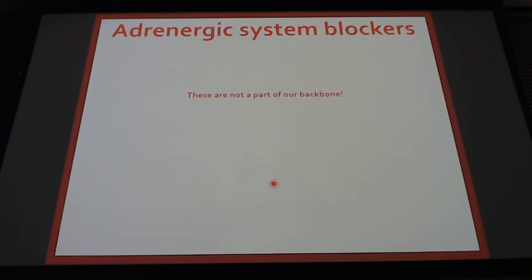They need to be on that backbone, and if you've maxed out their doses on that backbone, then you add these. Also, if there's a reason why they can't take, say, a calcium channel blocker, then you can see some people on these adrenergic system blockers, okay? So you're gonna try to put your patient on your backbone unless there is some reason they can't be, then these are some of our other meds we're gonna talk about.